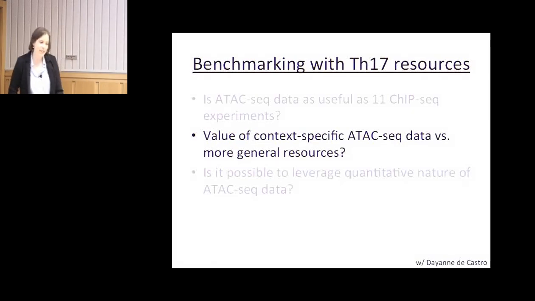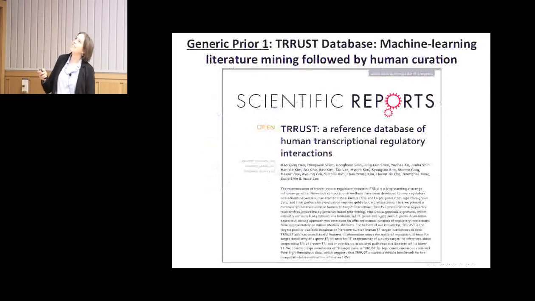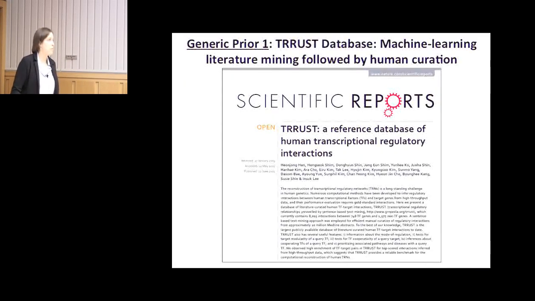The first was based on the TRRUST database, which was generated using machine learning algorithms to text mine and find articles that seemed to indicate a transcription factor gene interaction. They were then manually curated by a group of 30 people. So it's actually a pretty high quality database. I was surprised by the quality of interactions in there, and you'll see that it performs pretty well.